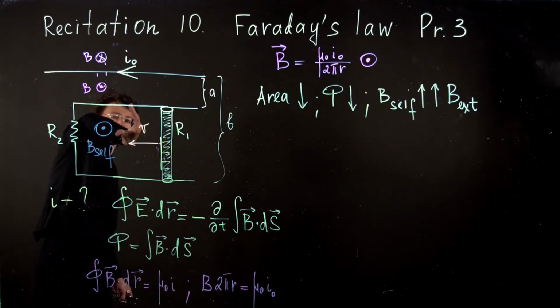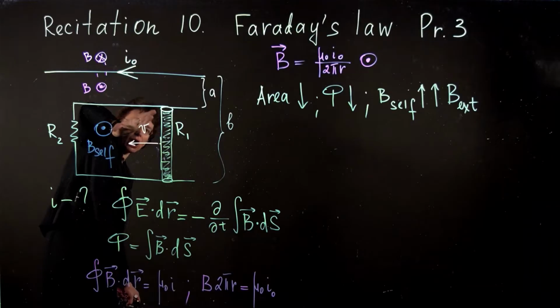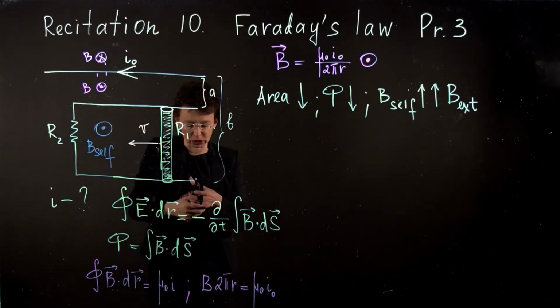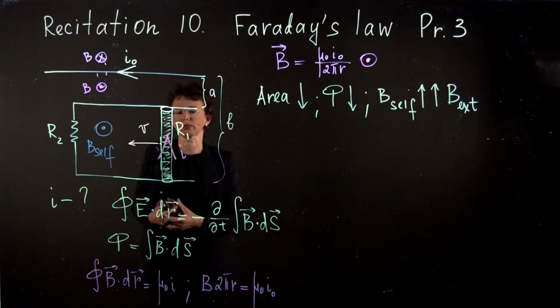I bend my fingers, and my fingers go in the counterclockwise direction to have my thumb out of the page. So if B self is out, the current has to be in the counterclockwise direction. Current is in the counterclockwise direction.